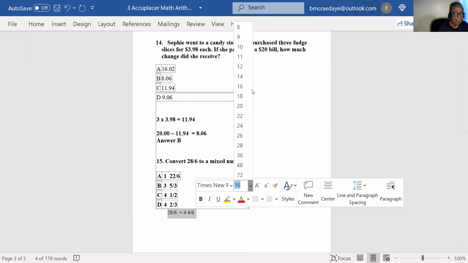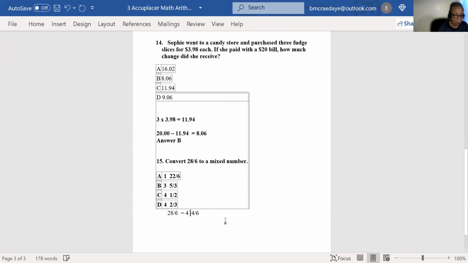But let's simplify that. What is 4 over 6 equal to? What's the common factor of 4 and 6? They can be divided by 2. And that will give 2 over 3.